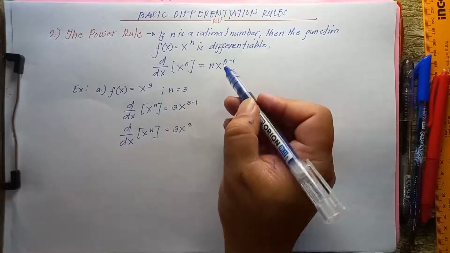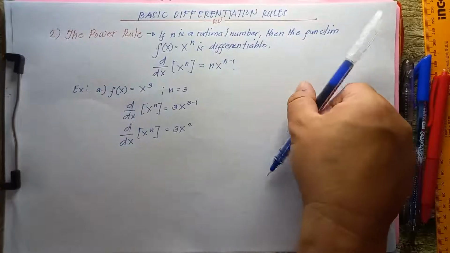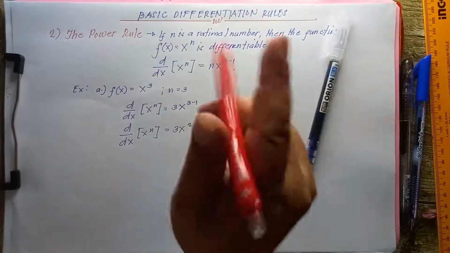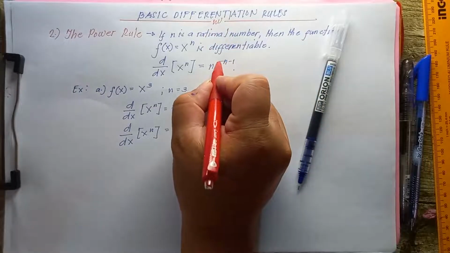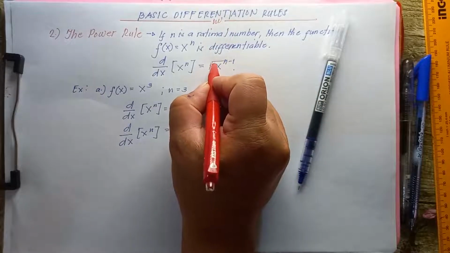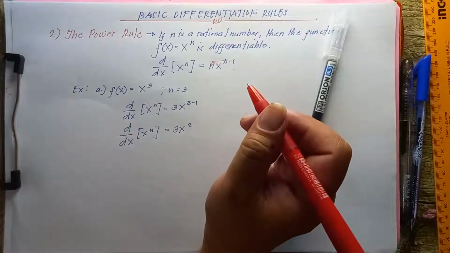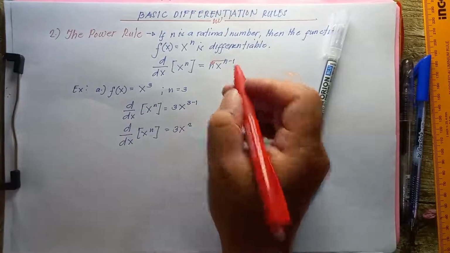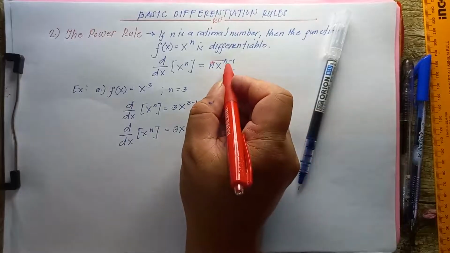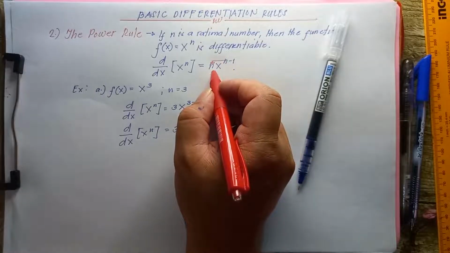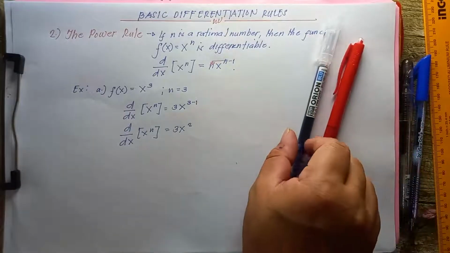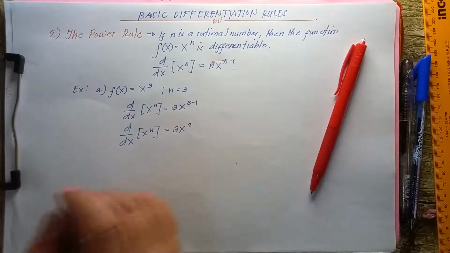Notice that whatever my exponent is in here, the exponent will always be the numerical coefficient of x. But in here you have to deduct 1 from the exponent. So this must be the result.